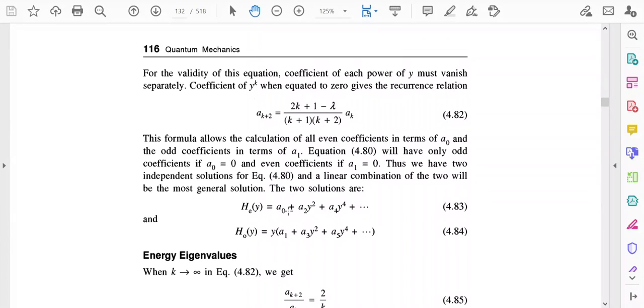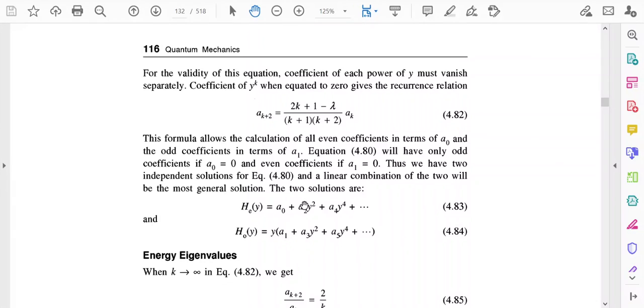The second term is y into a1, then a2 into y square, then a3 into y cube, then a4 into y to the power 4, then a5 into y to the power 5, in this way. But from the odd terms we have taken y common, so we write it as a1 plus a3 y square plus a5 y to the power 4, in this manner.